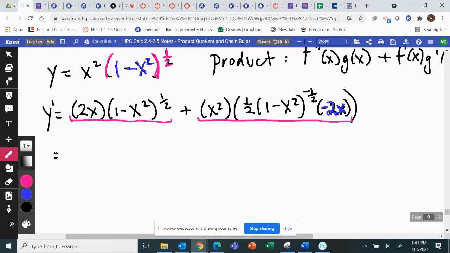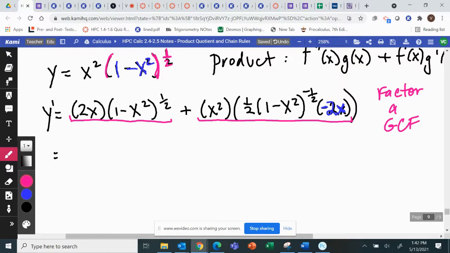I can factor out a greatest common factor of this binomial. And this greatest common factor is going to make my life much easier. So I'm going to factor out. Is there anything you see that is the same in both that I could factor out? 2x, but. Oh, 1 minus x squared.